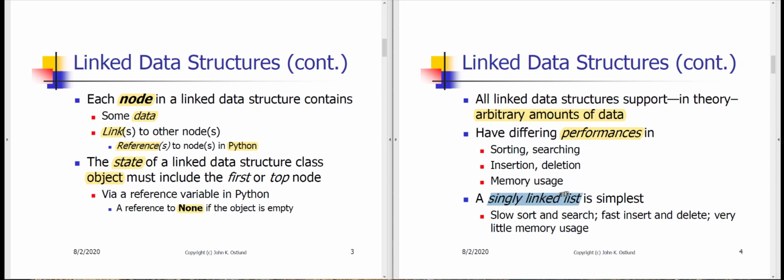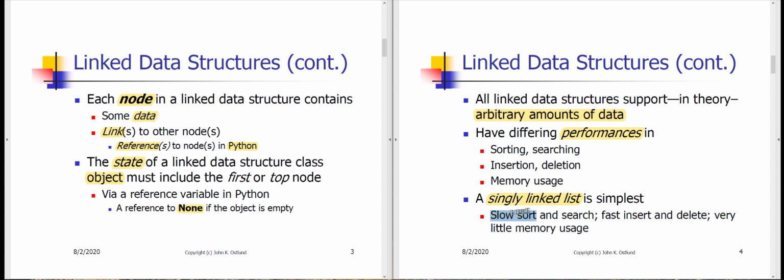To illustrate how we can implement a linked data structure in Python, we're going to take a look at what's called a singly linked list, which is the very simplest kind of linked data structure. Now, an advantage of a singly linked list is it can grow to be arbitrarily long within the limits of the amount of memory that you have.